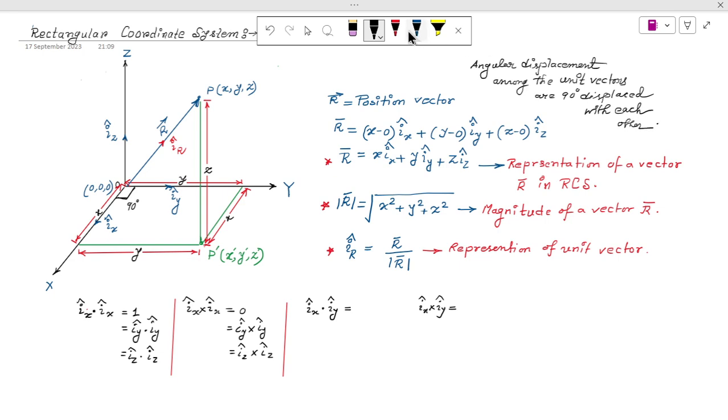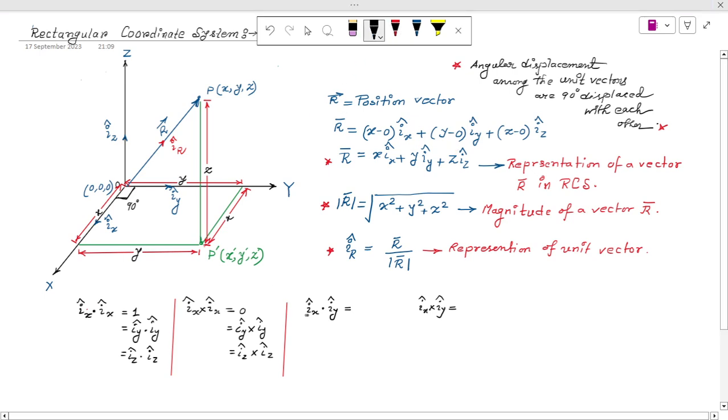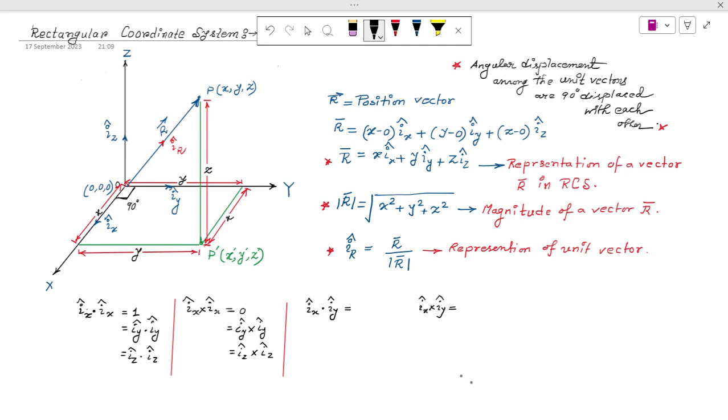Very important note, find it. Okay, so let's proceed. Here the displacement is 90 degree, and we know the same formula: mod of Ix mod of Iy, that will be 1 into 1, and cos 90 is 0.